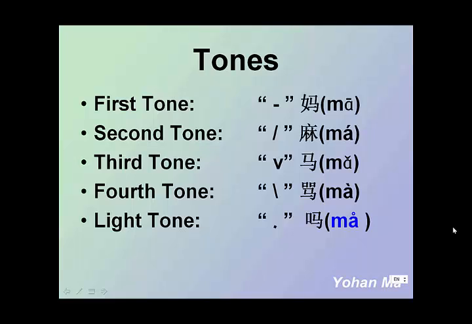Ma, that's a horse. By the way, the second tone, ma, means hemp. The third one is ma, horse, coming down and then going up. The fourth one goes from the upper left corner to the lower right corner. Ma.